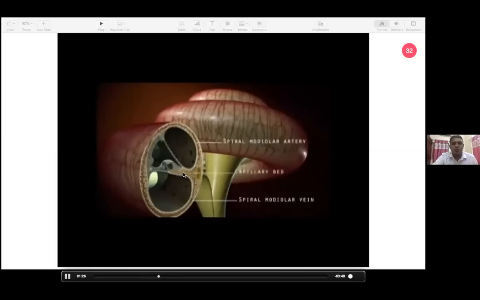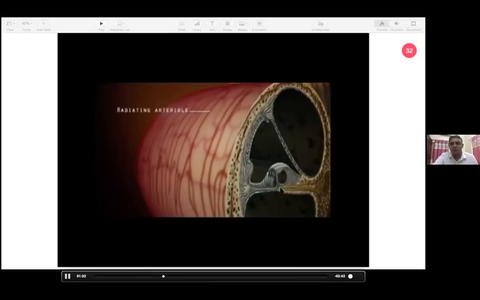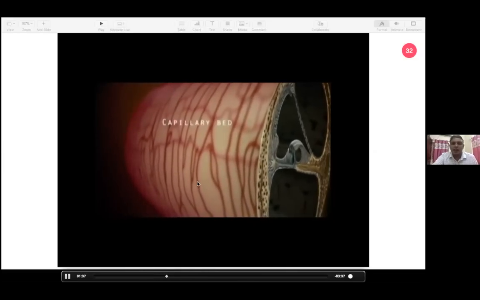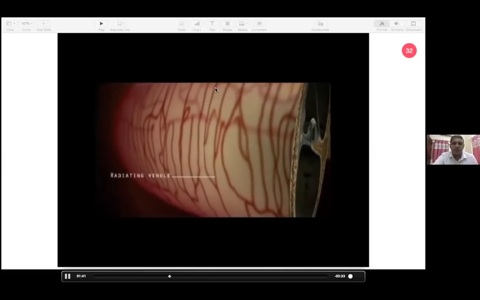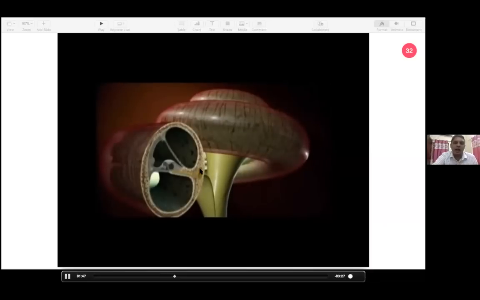And this is the osseous spiral lamina, which is cribriform-like, where there is entry of the vascular channels and the nerve channels. The outer lateral wall is supplied by both arteries and venules, which are derived from the spiral modiolar artery and veins.